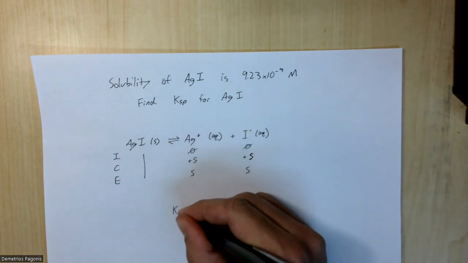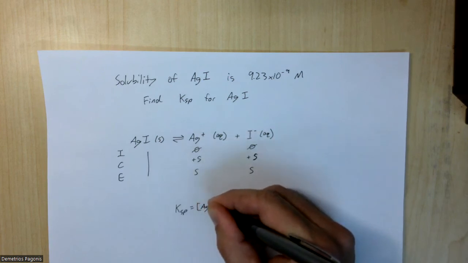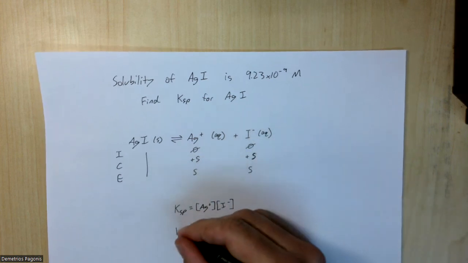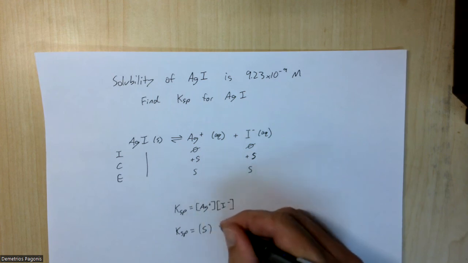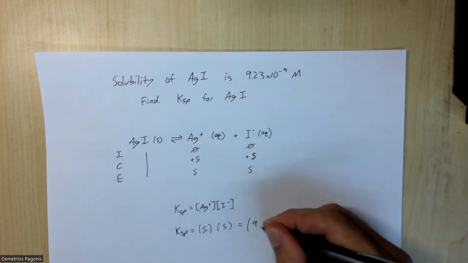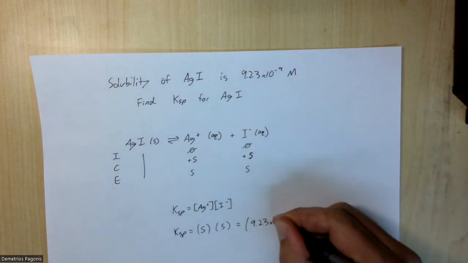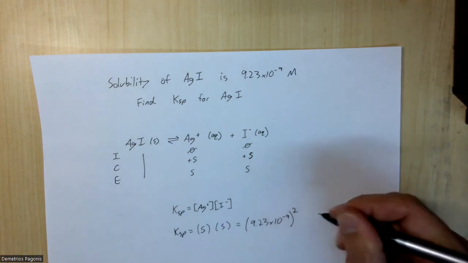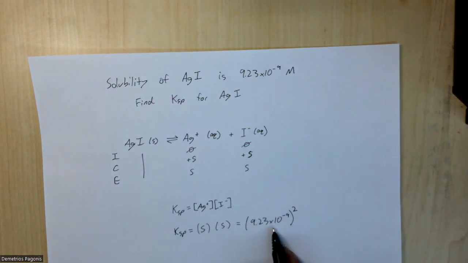And Ksp is products over reactants, simply Ag plus times I minus. So Ksp is S times S. And since we know the solubility S is 9.23 times 10 to the minus 9 molar, Ksp is simply the solubility squared.